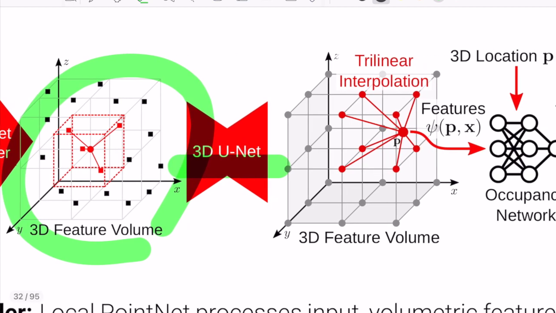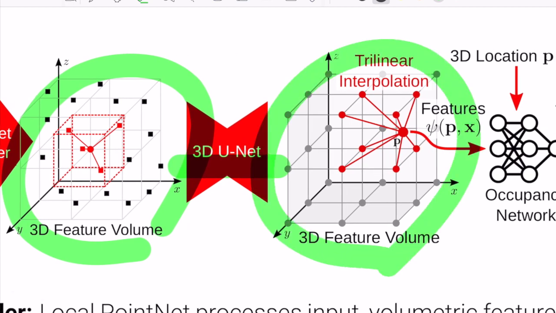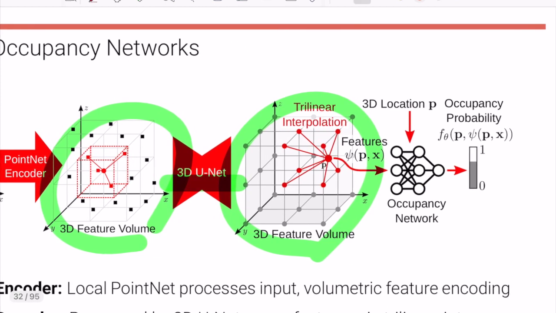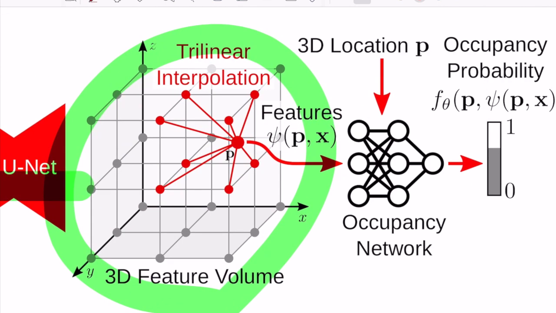Then with this 3D feature volume, the locally varying feature pi of p comma x can be directly extracted from it by using trilinear interpolation, because this is a 3D representation.